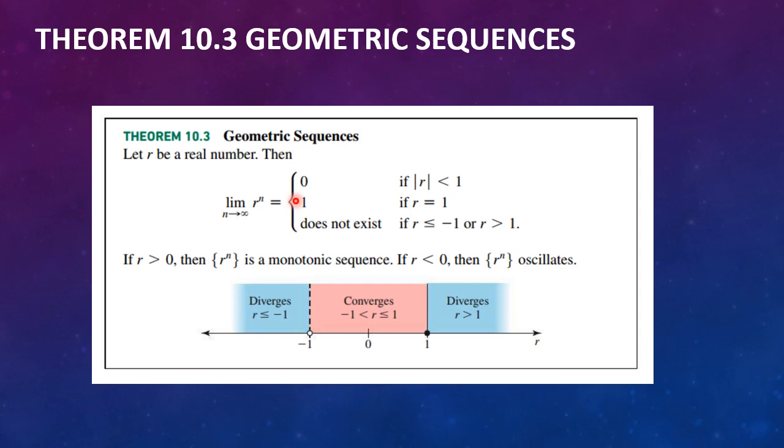So this will equal, I'm sorry, I went blank there, 1. So that's also in this middle area where it converges to 1, okay? If r is less than or equal to negative 1, or r is greater than 1, then we have divergence, and that's what you see on each of these sides.